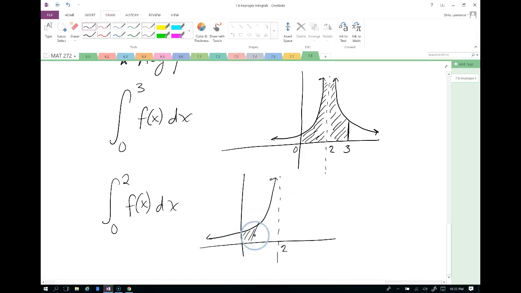And we're being asked to find all of this area. We're not asked about anything to the right of 2, but we wanted everything from 0 to 2. So it could be that the point where our function goes infinite is somewhere in the middle of our interval, or it could be at one of the endpoints of our interval. And it's important to make the distinction between those two because we're going to deal with them a little bit differently.